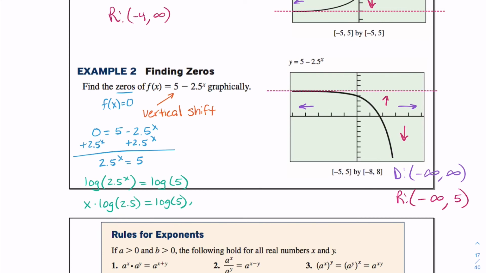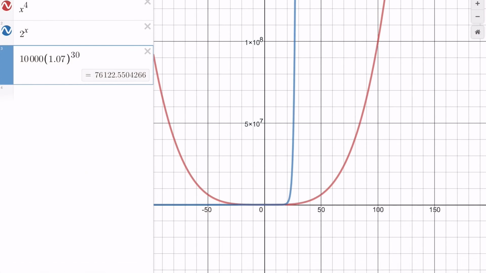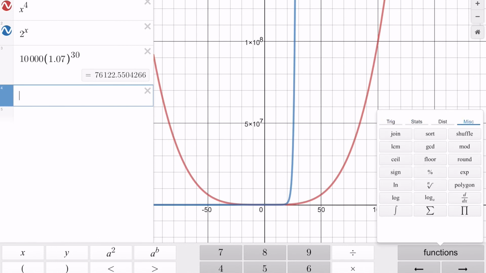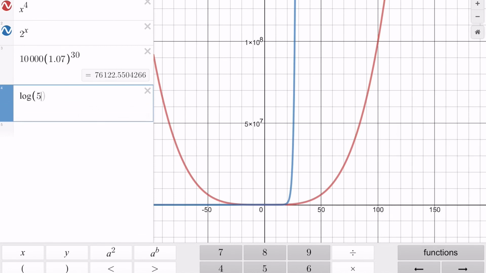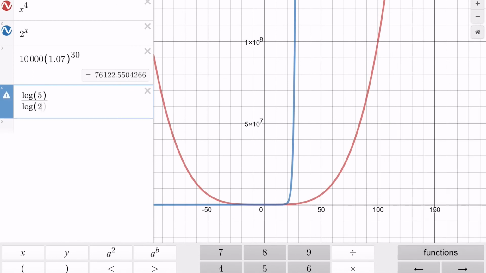And so now I'm going to divide both sides, and I'm just going to write it as log of 5 over log of 2.5. And that is going to be approximately, let's see, log of 5 divided by log of 2.5.